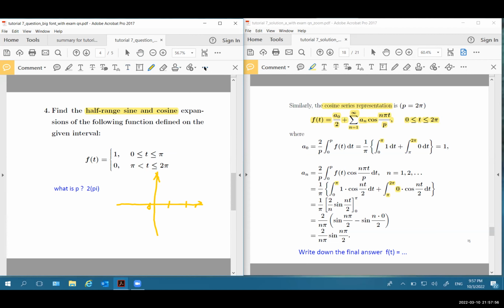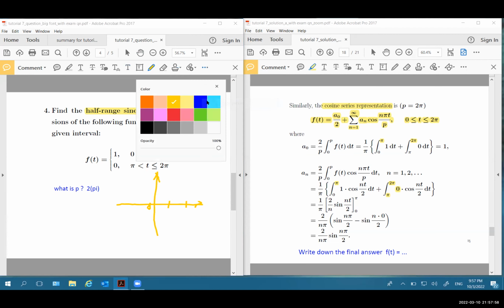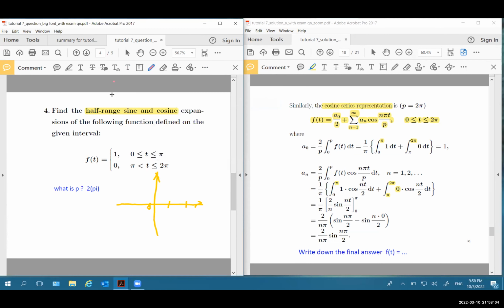My graph is 1 from 0 to pi, so this is a 1, and this one is a 0. So the graph is something like this. So there's a point of discontinuity.